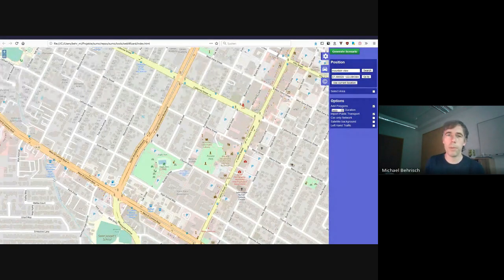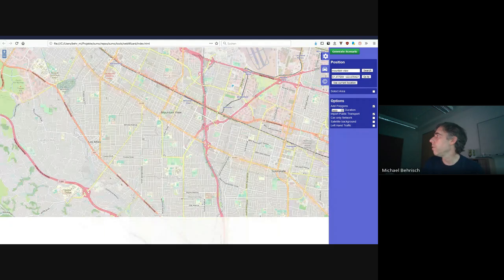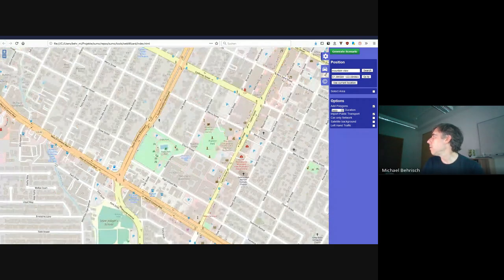This is basically OpenStreetMap, just with a sidebar where you can do some adaptations to your model. So you can now zoom in, zoom out here, and you can also search for your favorite locations. And there are only very few adaptations here, so that it's very easy.